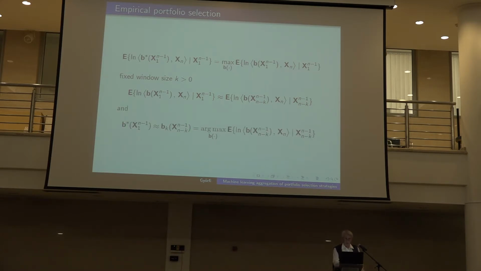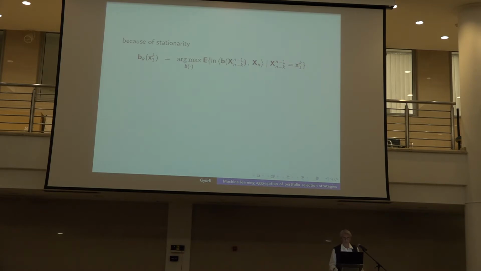Similarly, we define the B^k, which maximizes this conditional expectation with k-length past data. Because of stationarity, it is easy to check that for the conditional expectation, we have to choose the portfolio vector in this way.